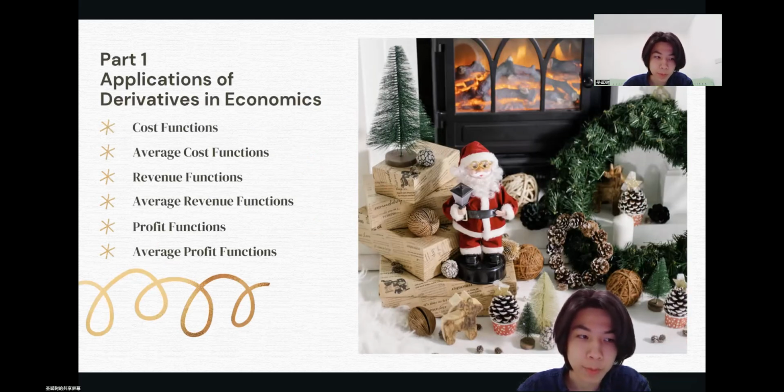Okay, so I will begin by discussing the applications of the derivatives in economics. The derivatives, in simple terms, help us understand the rate at which one quantity changes with respect to another. This concept plays a crucial role in analyzing and optimizing various economic functions.